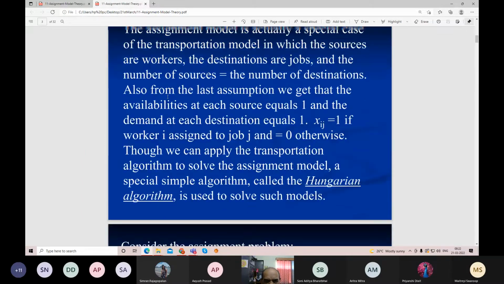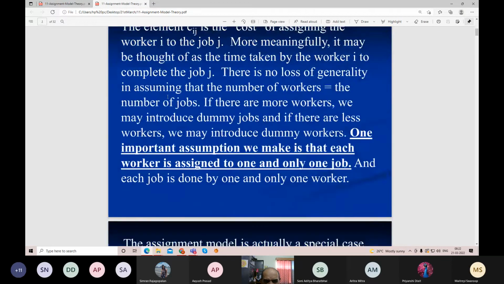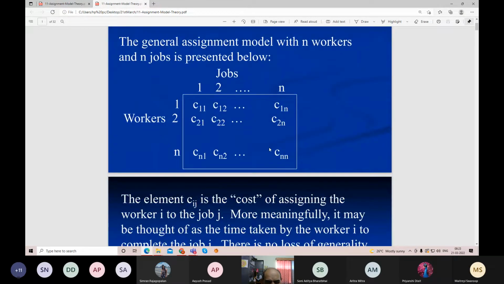I'm going back again. This is the assignment matrix. See, in the first row, the elements are C11, C12, up to C1n. In the second row, the elements are C21, C22, up to C2n. In the last row, the elements are Cn1, Cn2, up to Cnn.